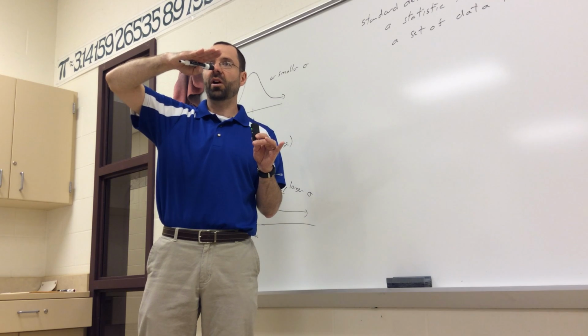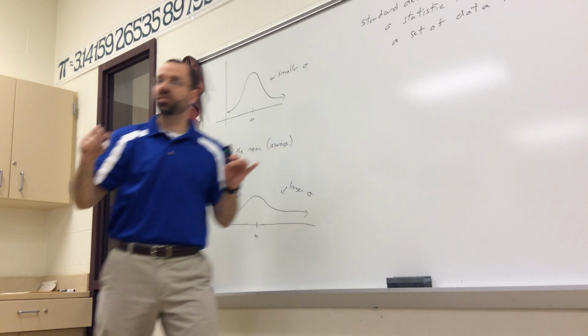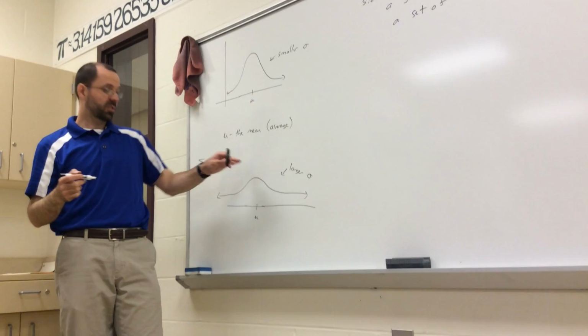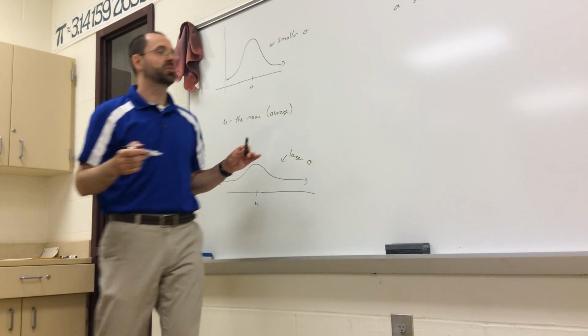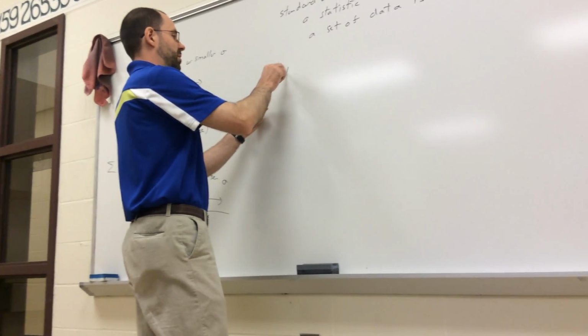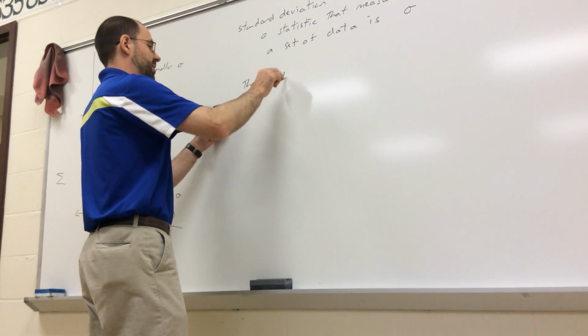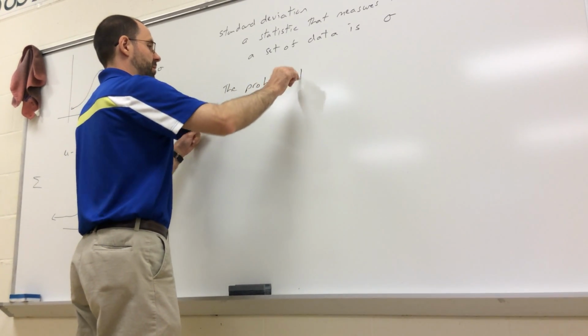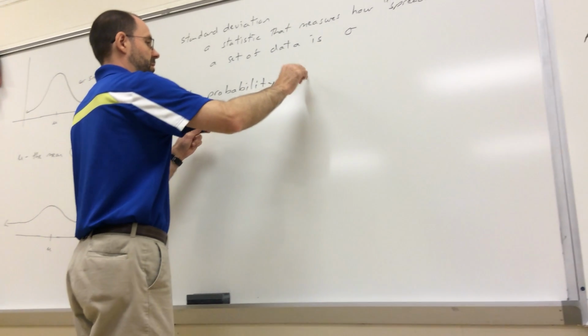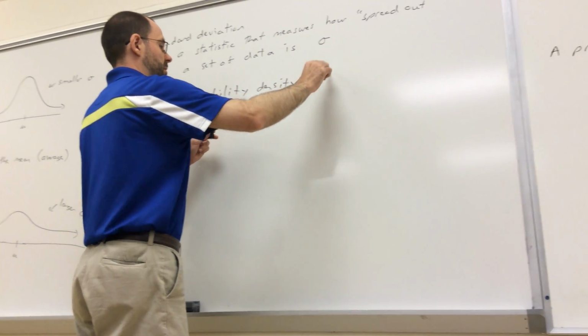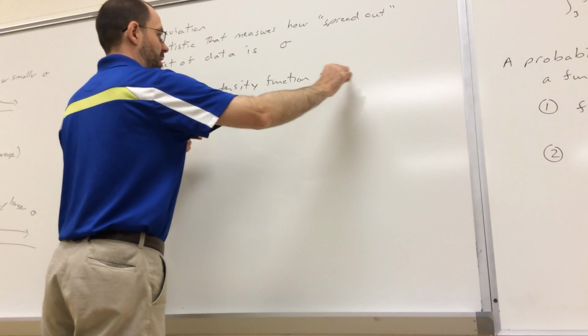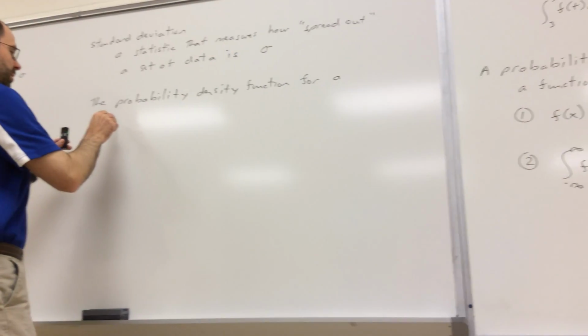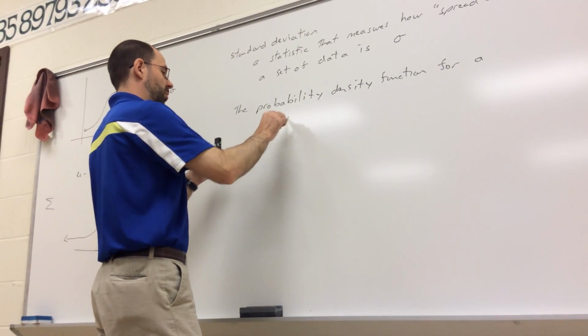F of x equals 1/12. But this one is a little more complicated because it's curvy. So this is the probability density function for a set of data that is normally distributed.